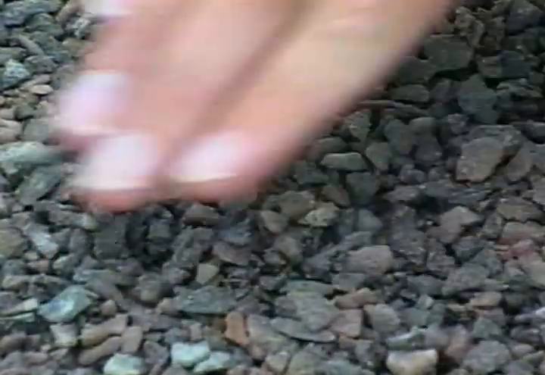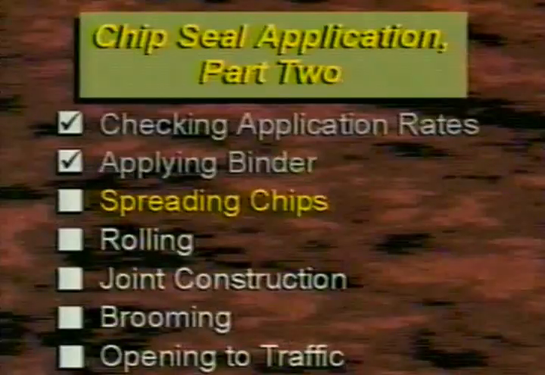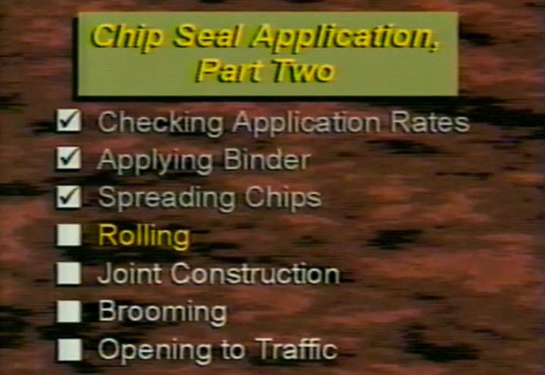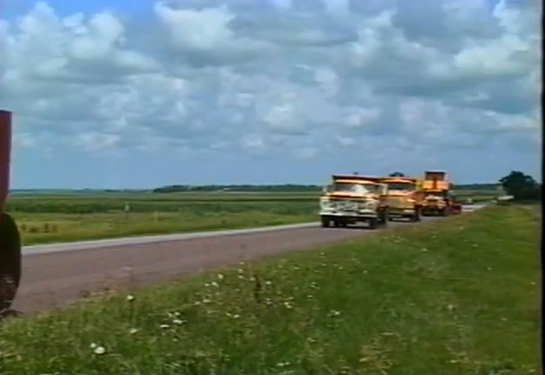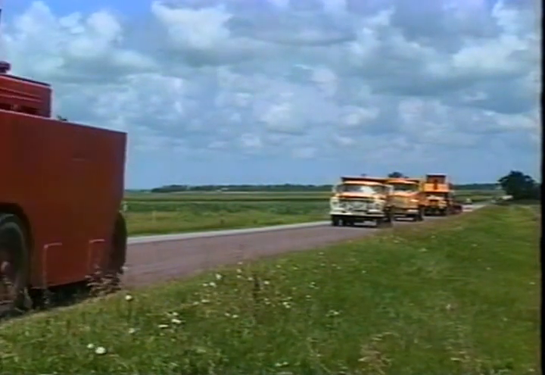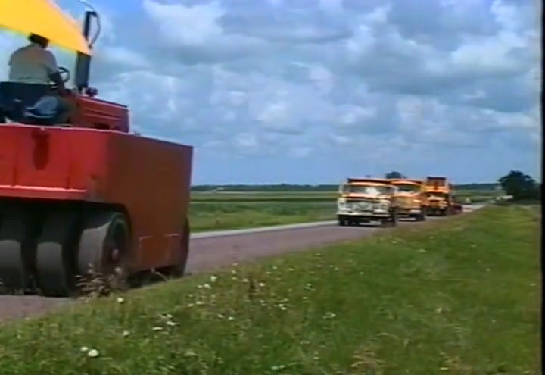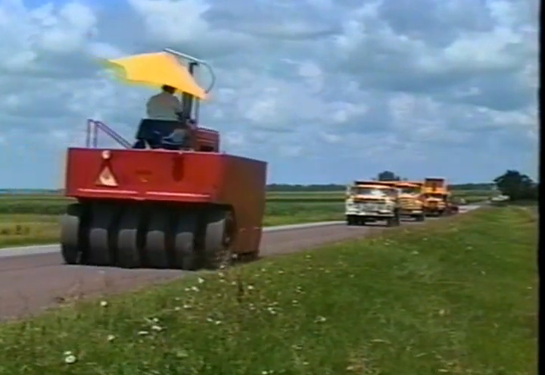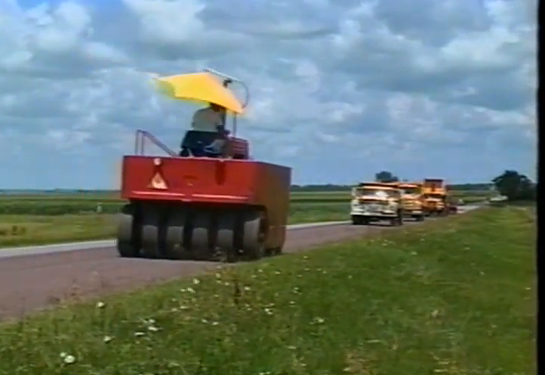So look over the application. There shouldn't be any oil on the top of the chips. Then it's time to look at the rolling. Rollers follow closely behind the spreader to make sure that all chips are firmly seated in the oil, and that the chips are lying flat, not one on top of another.